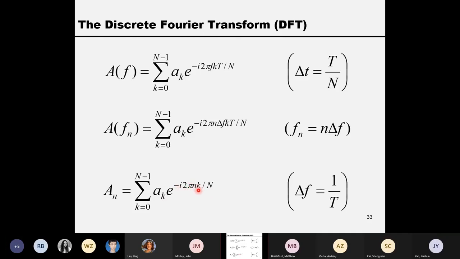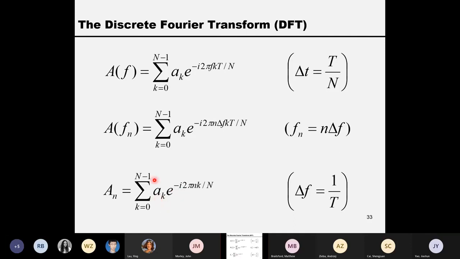Sine 2 pi is 0, right? How about sine 4 pi? 0 again, right? And 6 pi, again, right? So this is the same for 2 pi, 4 pi, 6 pi, right?